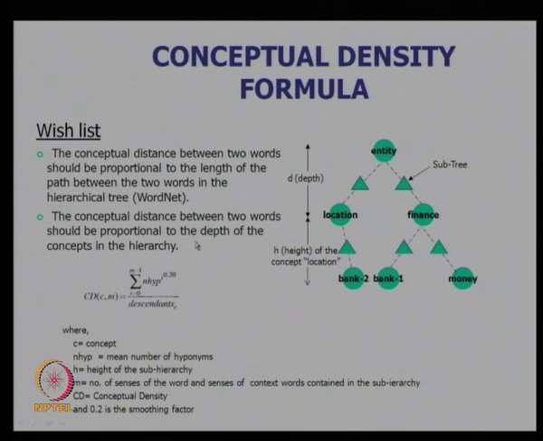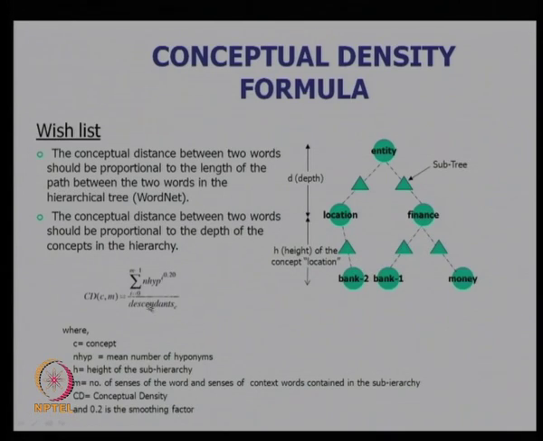So, if the two nodes are high up in the hierarchy, then their conceptual distance also should be more. Because of these considerations, we come up with a scoring mechanism, which is for the conceptual distance of a concept with respect to m senses in the context of the word.